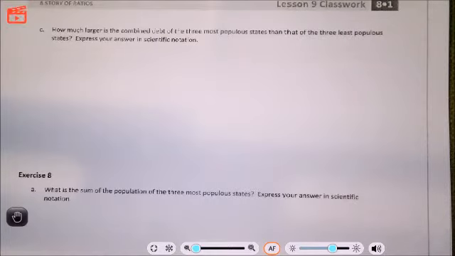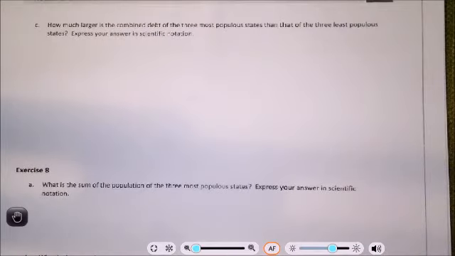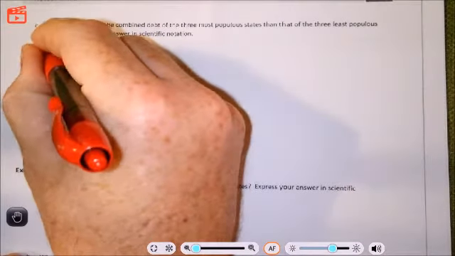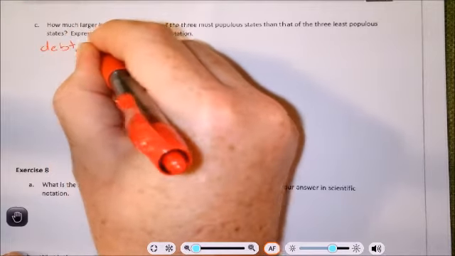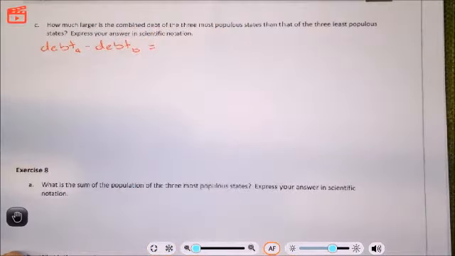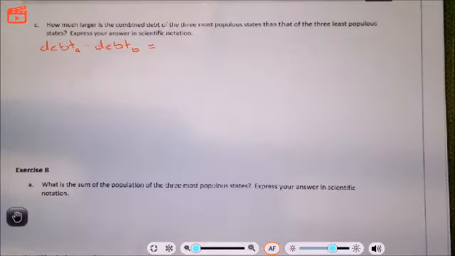How much larger means it's a subtraction problem. What is the difference between their two things? So I'm doing the debt from the 3 most populous states, the debt from part A, minus the debt from part B, the 3 least populous states. So you will have to look at parts A and B to get your answers.